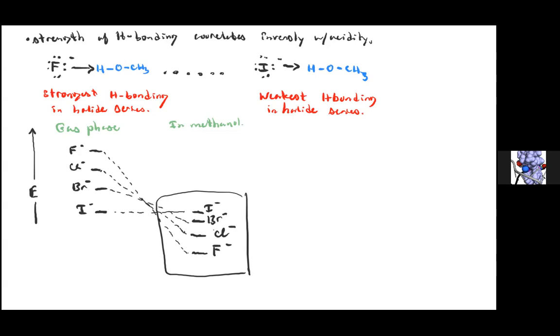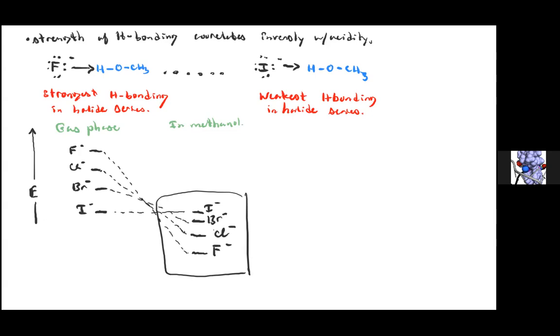In order for the fluoride to react with my substrate, I need to start to break up those hydrogen bonds as it approaches the substrate. So you're going down, you've got all the H bonding. To get it to react, you've got to re-emerge from that H bonding so that it can attack the substrate. Because fluoride is in such a deep well, that's going to slow down the reaction quite significantly.